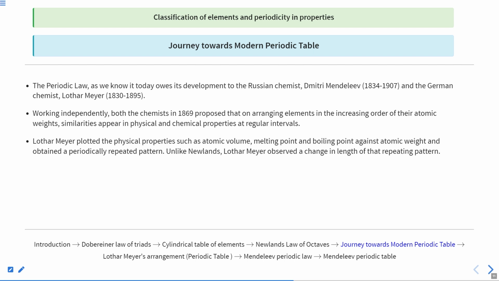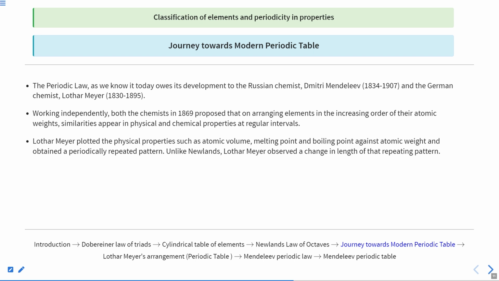Unlike Newlands, Lothar Meyer observed a change in the length of the repeating pattern. So what was different between Newlands and Lothar Meyer? See, Newlands also did the same thing. He just arranged them in increasing order of atomic weight, but he restricted the repetition. He said, okay, we can take the group of 8.